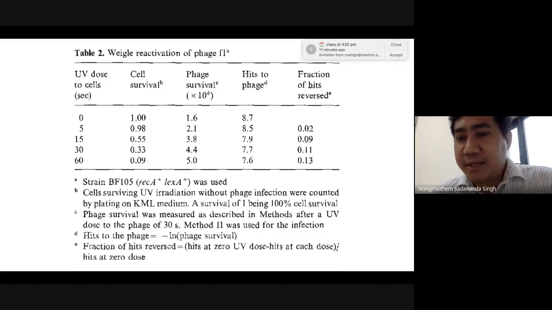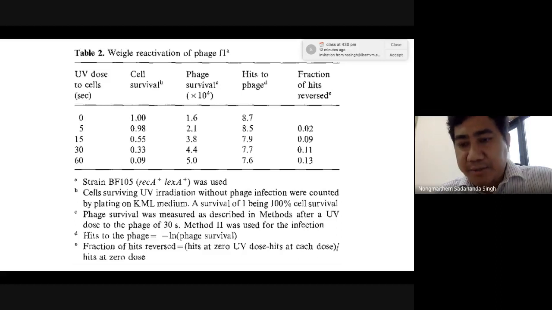So there should be some mechanism involved in making the cells survive at high doses of UV radiation.